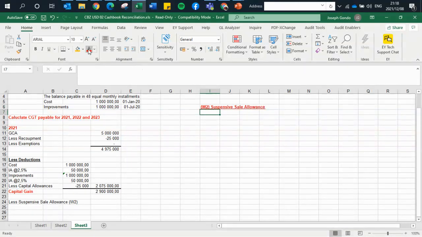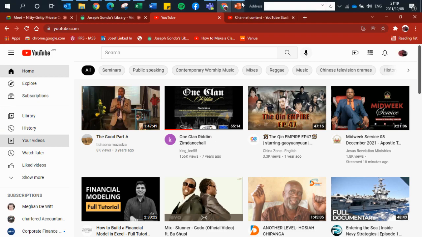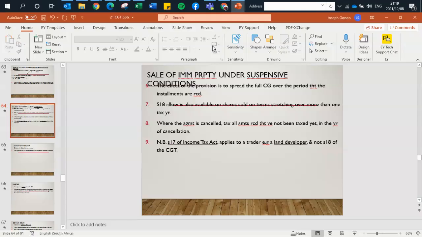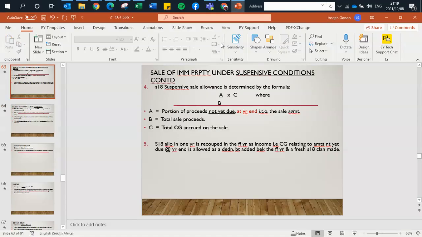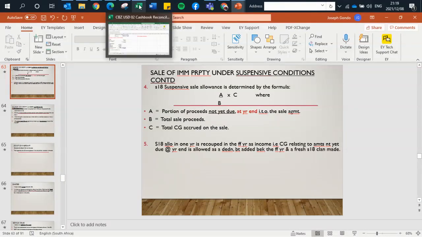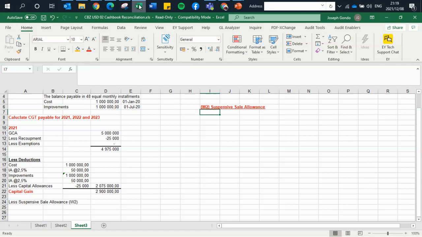Okay. So for the suspensive sale allowance, we have 3 things that we need. What are those things? We need A, and our A is the portion of proceeds not yet due. So that is our data. So now we want to calculate A.